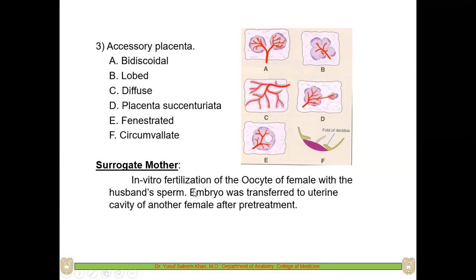In case of any incapability within the mother, the pregnancy is carried by some other lady. Such mothers are called surrogate mothers. These pregnancies have their own problems, especially legal problems, which we will study again in forensic medicine or some other places. This is just a brief introduction to how all these things are important.